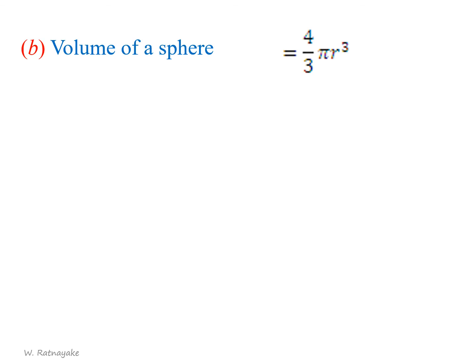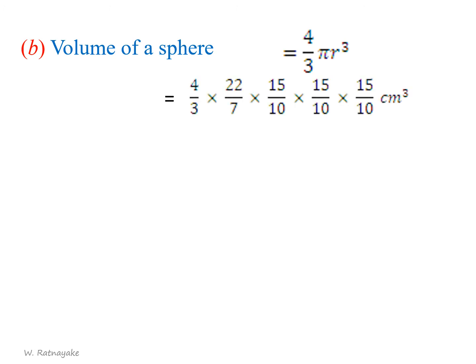The r is given as 1.5. This 1.5 we can write as 15 divided by 10, removing the decimal part. If you include that value as r, it is easier to do the simplifications.